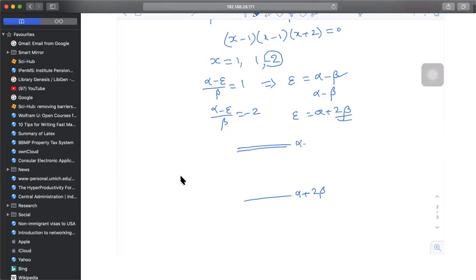They both have the energy of alpha minus beta. This one corresponds to x is equal to minus 2, while this will correspond to x is equal to 1. So the energies of the molecular orbitals are given here, alpha plus 2 beta, then alpha minus beta occurring 2 times.